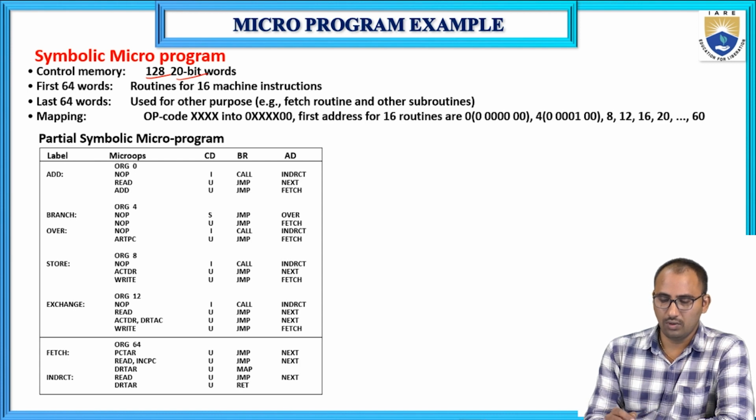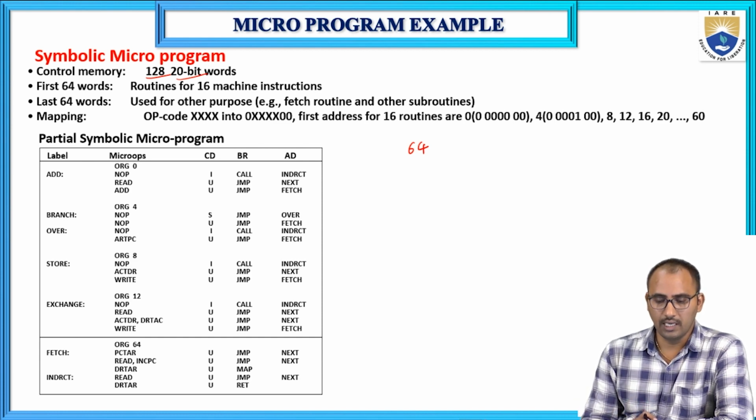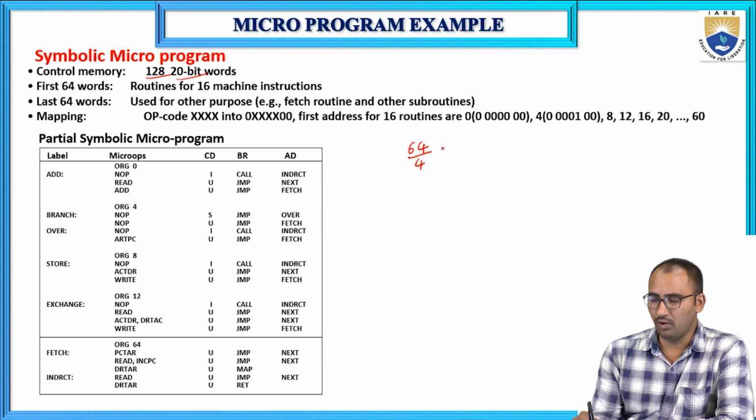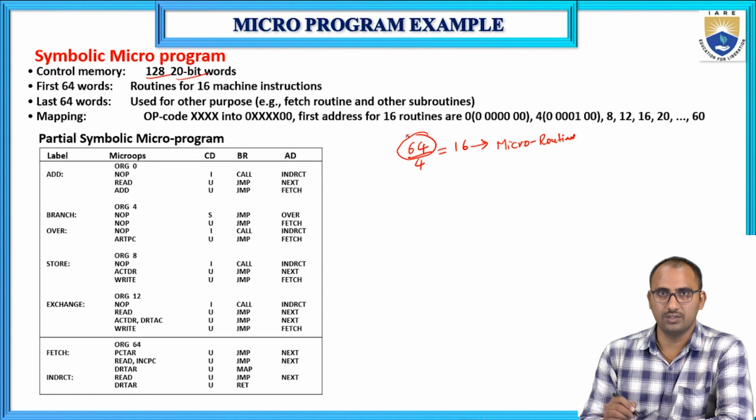So for the first 64 words, every micro operation takes 4 memory words. If you divide 64 by 4, you get 16. That means we can store 16 micro routines in the first 64 words.